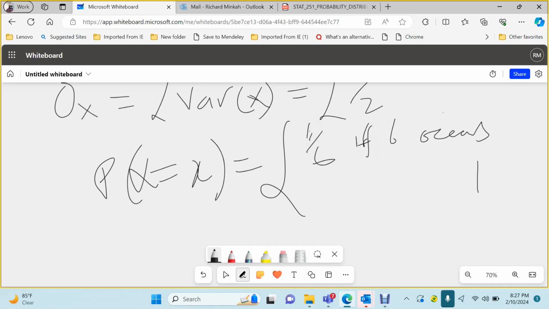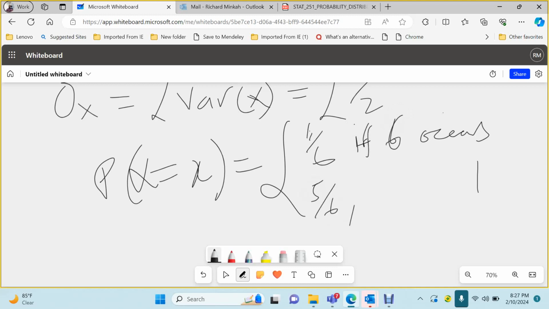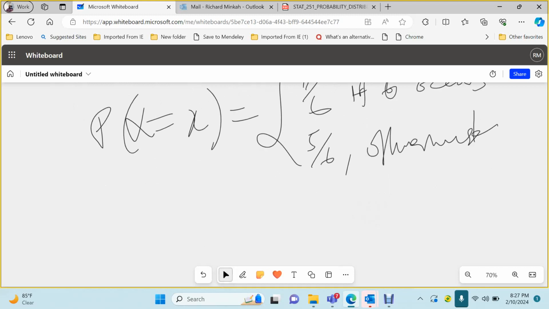Then what will be the complement of this? It will be 5/6, otherwise. So this is what they are putting together. This is P. So alternatively, I can write this as P.